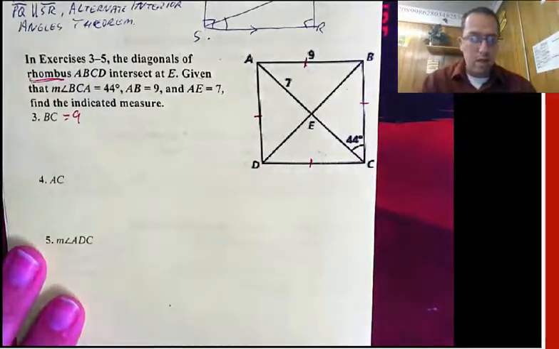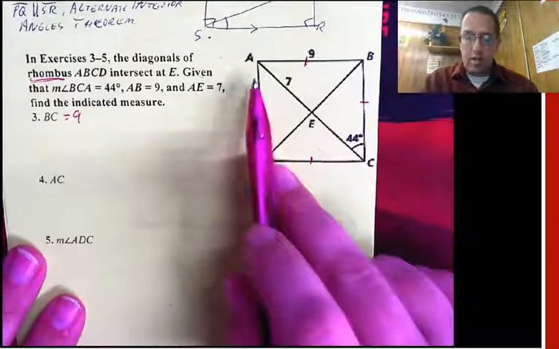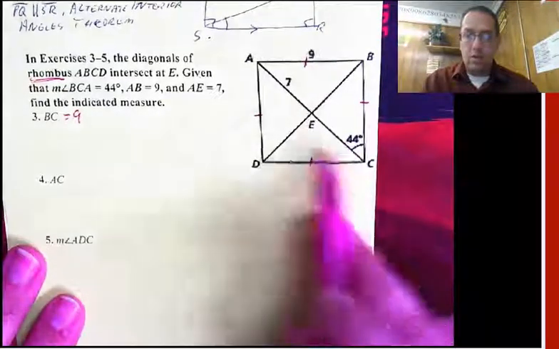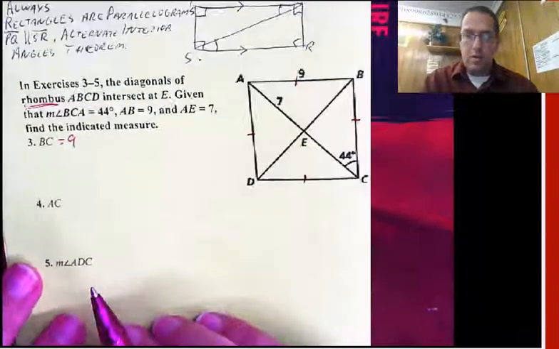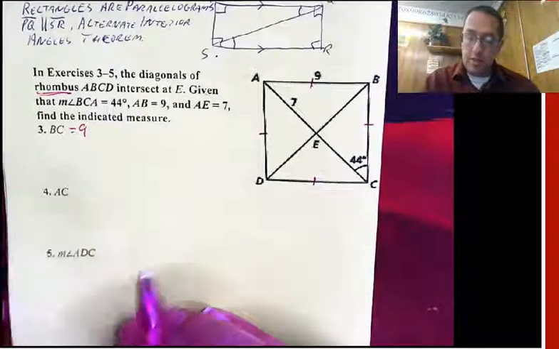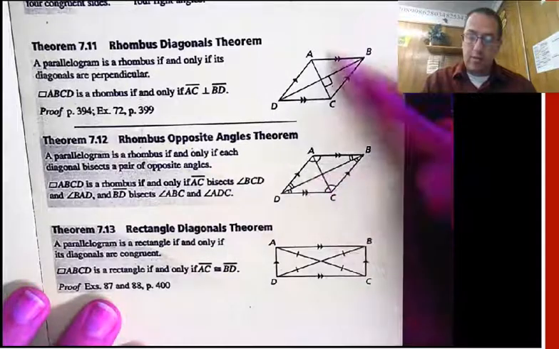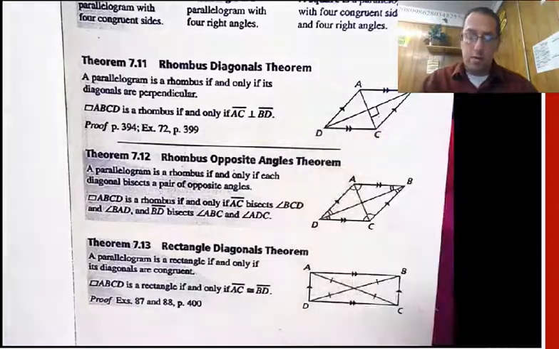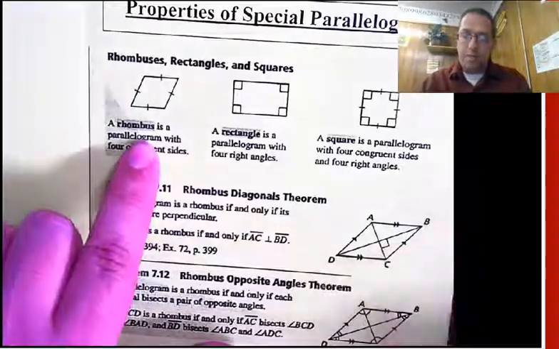All right. The length of segment AC, so that is this diagonal here, the whole thing. Well, it's a rhombus. Do we know anything special about the lengths of the diagonals of a rhombus? No, nothing special about the lengths, right? We know that they are perpendicular, we know they bisect angles, but we don't know about the lengths, except, if you remember, a rhombus is a parallelogram.